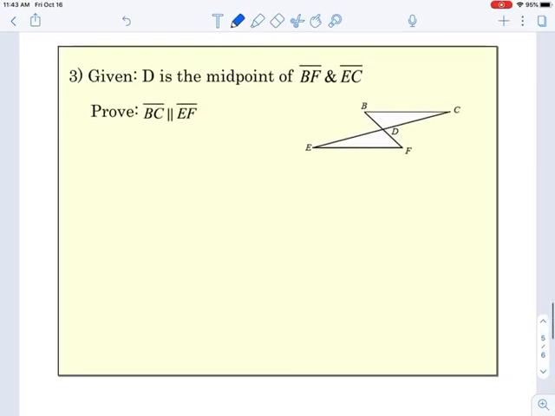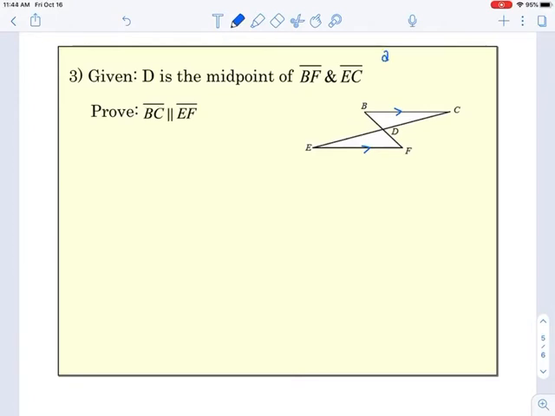Okay, so for 3, we're given that D is the midpoint of BF and of EC, and I want to prove that BC is parallel to EF. Okay, so I eventually want to prove that BC is parallel to EF. So if I'm going to do that, remember what you have to have in order to show that two lines are parallel.